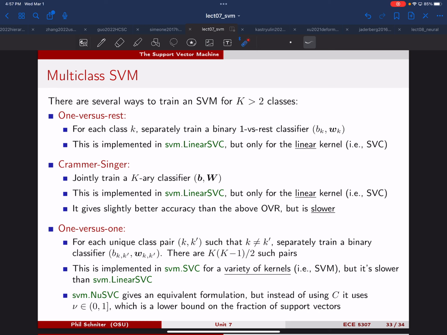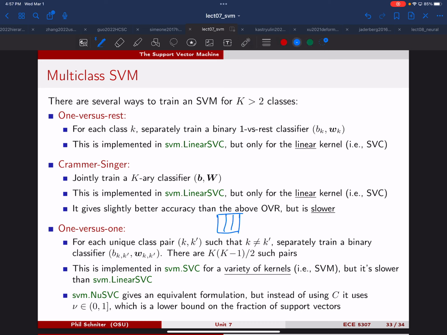Now it turns out that svm.SVC uses something a little different from one versus rest, called one versus one. What it does is consider every unique class pair. Let's say I have 3 classes.